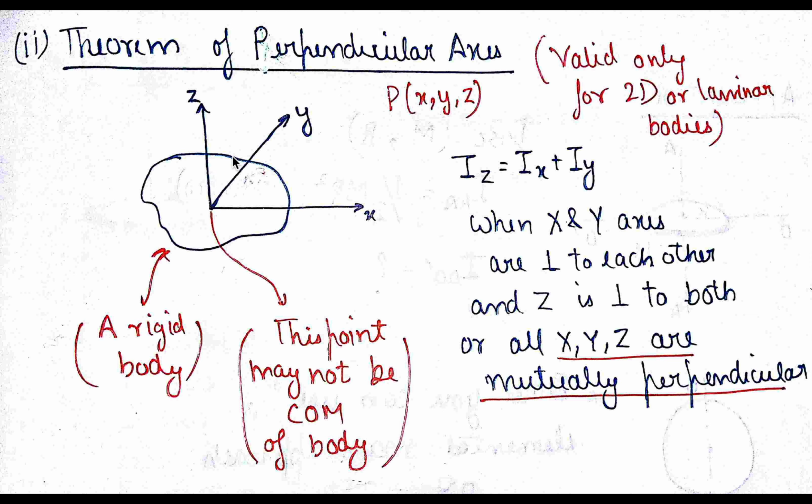You can see z is perpendicular to y, z is perpendicular to x, and also x is perpendicular to y, or y is perpendicular to x. When these conditions are met, you can directly apply Iz equals Ix plus Iy. Remember that moment of inertia is a scalar quantity, so there are no vectors over there. Or you can say that all three axes, z, x and y, are mutually perpendicular to each other.